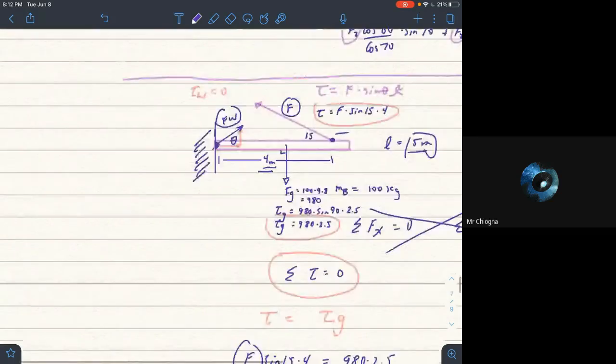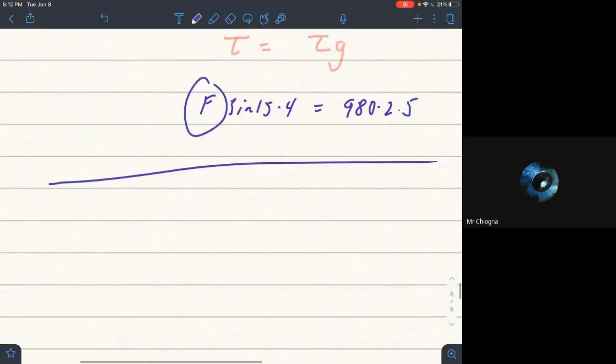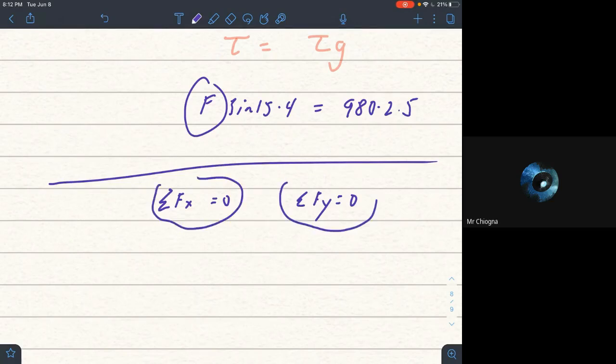You go from this expression here to this expression we talked about earlier. Now you balance, again just essentially saying the forces must balance.